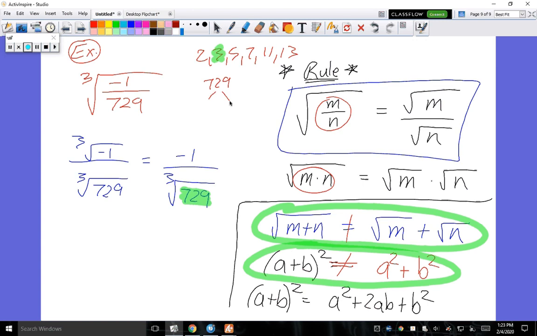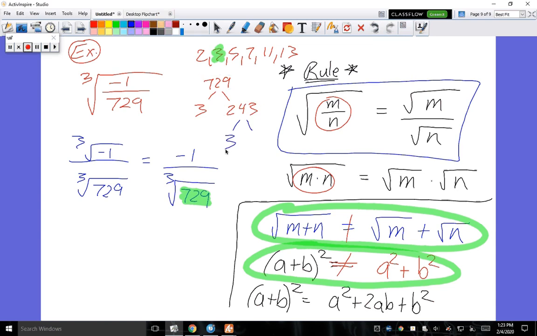729 would be 3, and then 243. Remember, guys, we couldn't divide this one by 2. Divide that by 2? No, none of them will be able to be divided by 2. So we should try what again? 3.